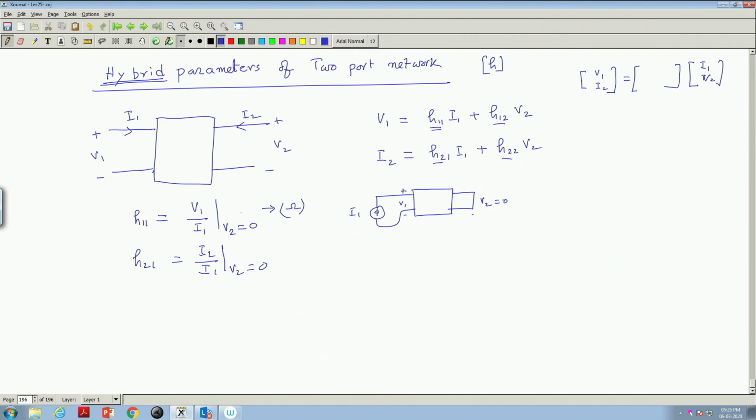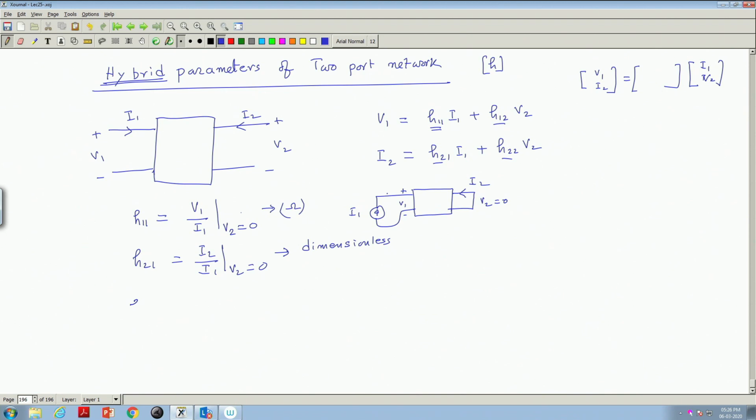That is, do this experiment: short circuit the output port, excite it with current source and record the current gain I 2 by I 1. H 21 is dimensionless. In fact, current amplification sort of thing, I 2 by I 1, it tells you about that when the secondary is shorted. Similarly, so this is H 11, H 21.